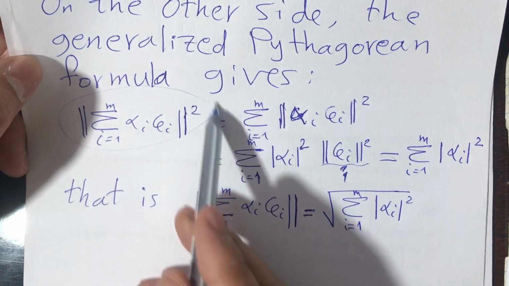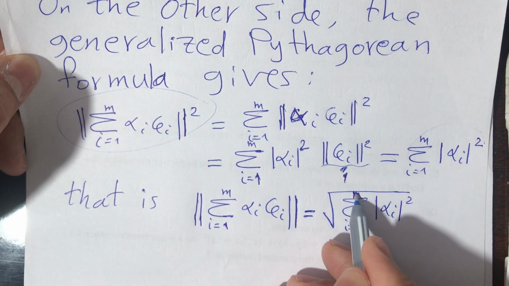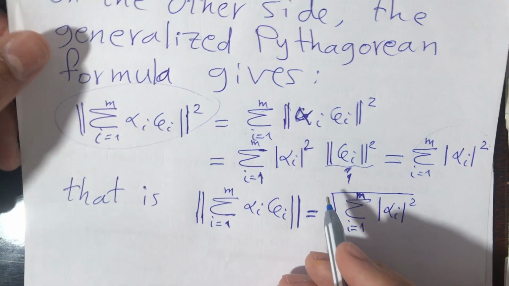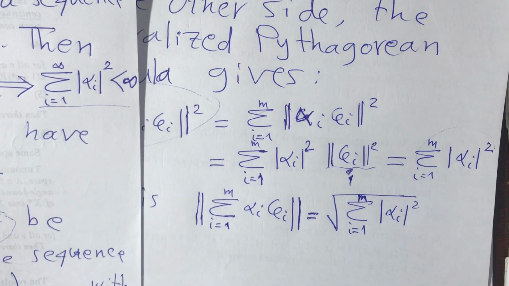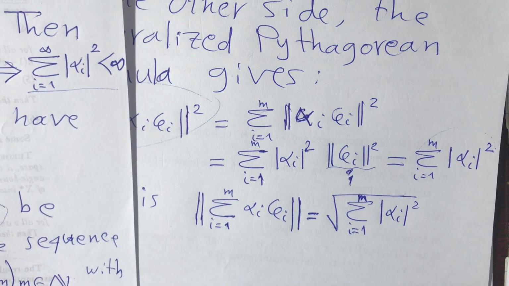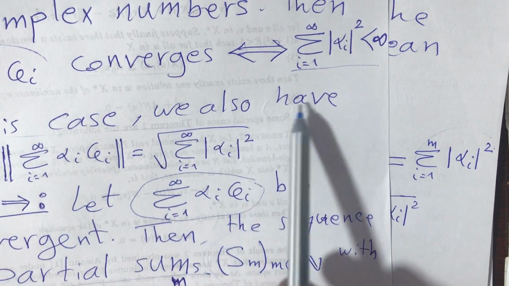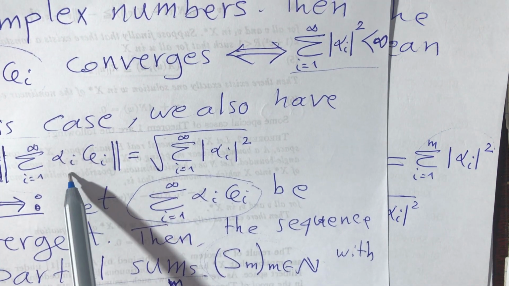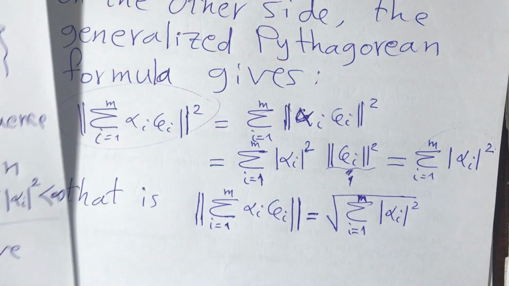We take the root of this and this, and you see in our theorem, in this case we also have the summation is equal to the root of this.